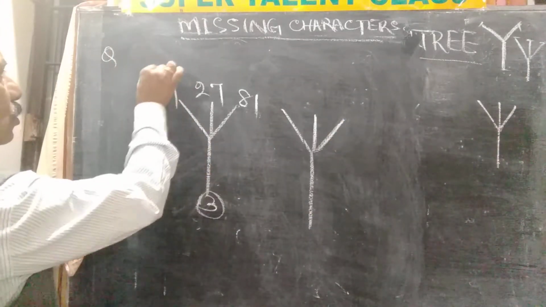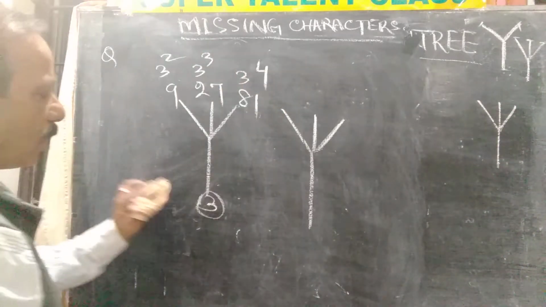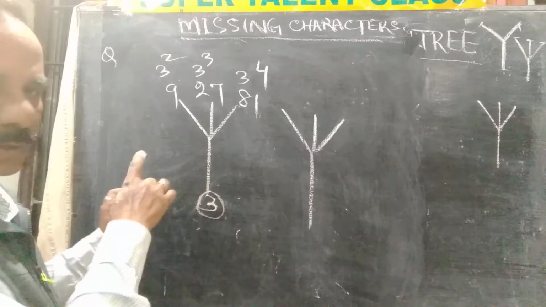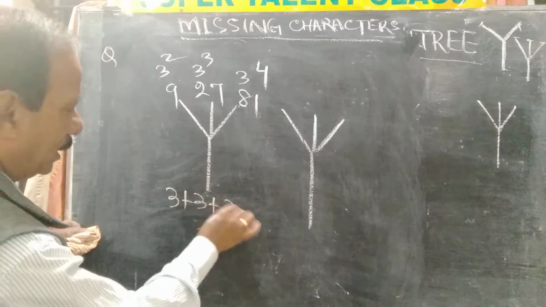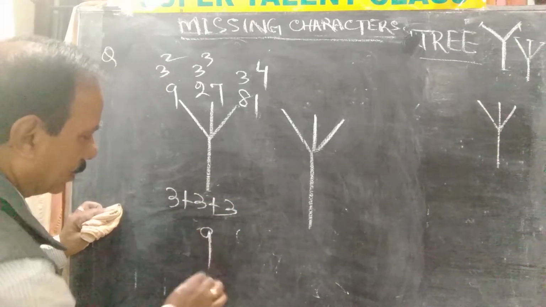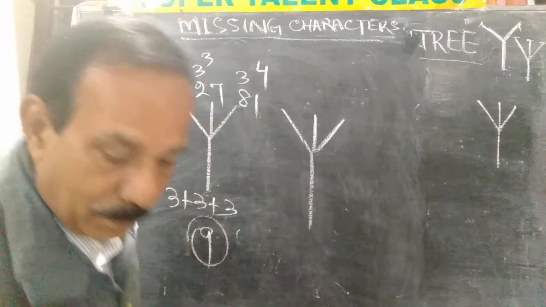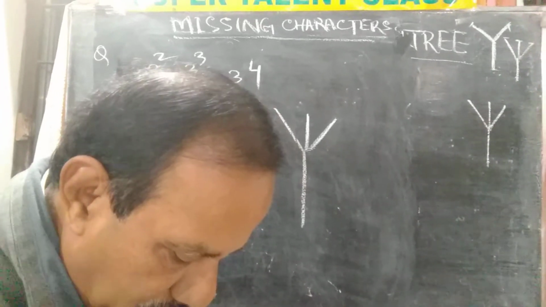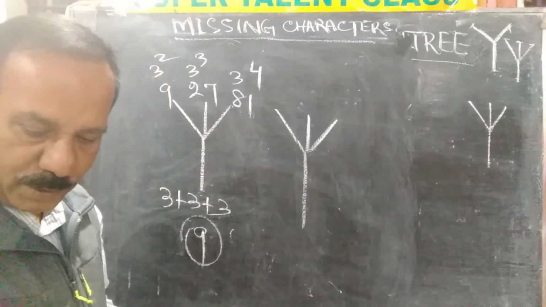Look, this you know, 3 square, 3 cube, 3 to the 4, right? All base is 3, so here the clue will be 3. So now clear? If it is 3 plus 3 plus 3, it may be 9. It may be the clue, right? So here you will practice all these possible cases. Whatever is possible for you, you can practice it so that you can get the better questions.